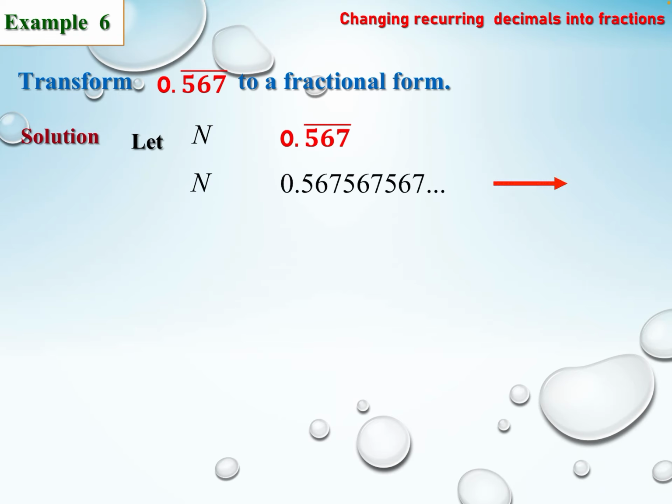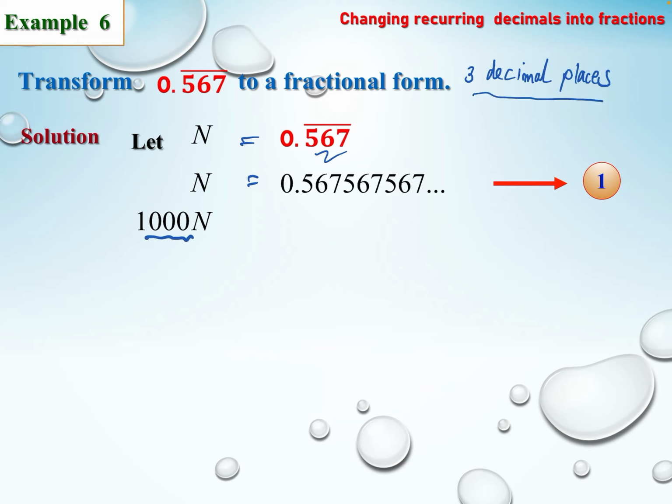Next one, 3 decimal places. This one, okay, understand, right? Let it be equation number 1. So instead of multiplying by 10 or 100, because there are 3 decimal places, you can multiply by 1000.